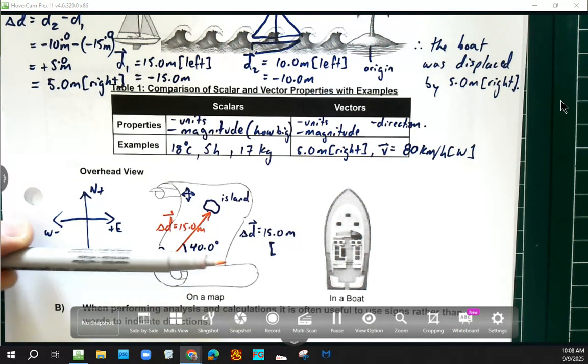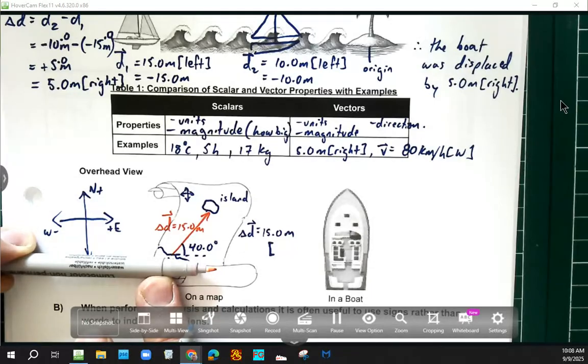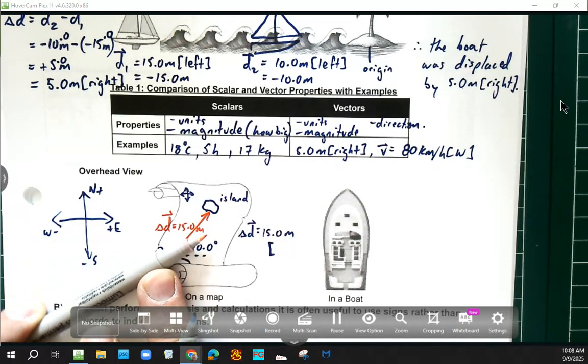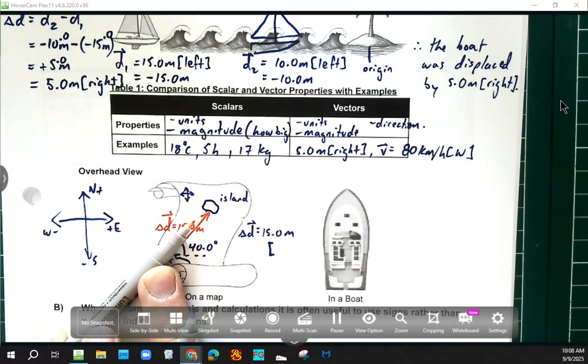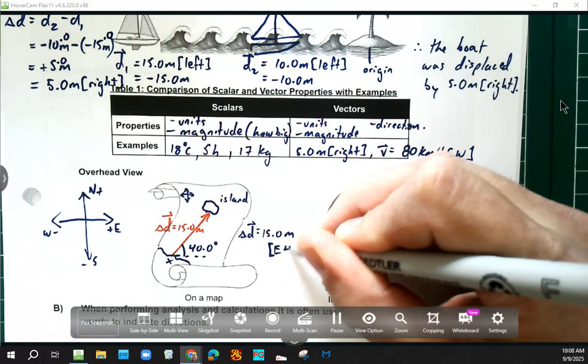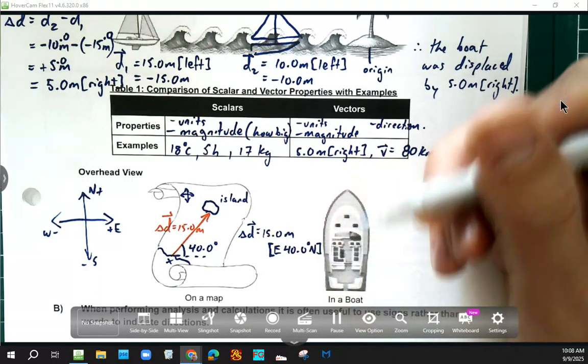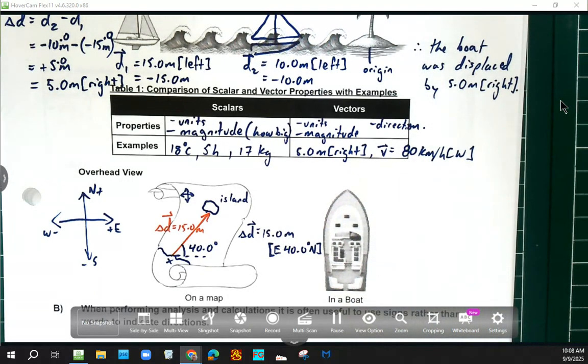Look, if I was giving somebody directions, I'd say, okay, that 40 degrees. Point yourself east, and then rotate yourself 40 degrees towards which direction? North, right? So the way that I would write that instruction, east, 40.0 degrees north. And that's a little more complicated than just saying right or left, but it's really descriptive, and it's very intentional.